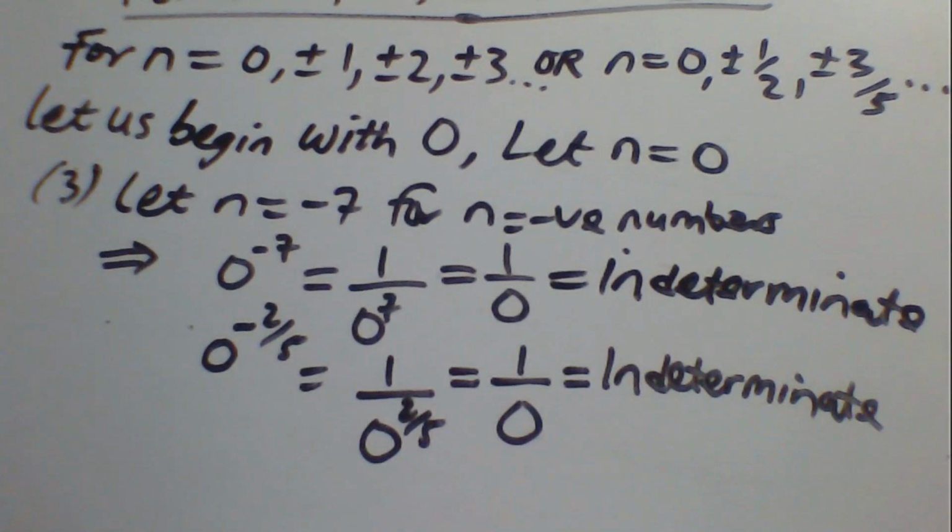So that is it. When 0 is raised to a power of a negative whole number or integer, or any number, the result is indeterminate. Any negative number, the result is what? Indeterminate.